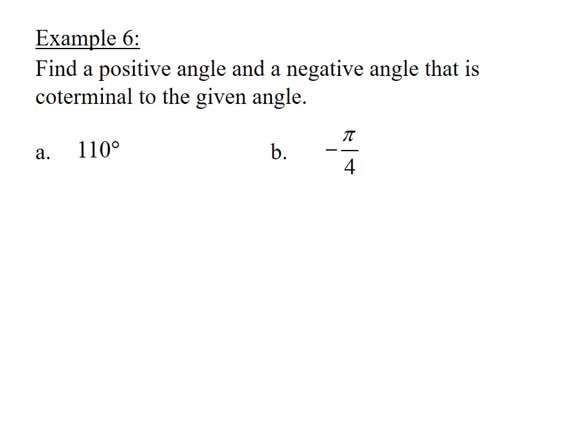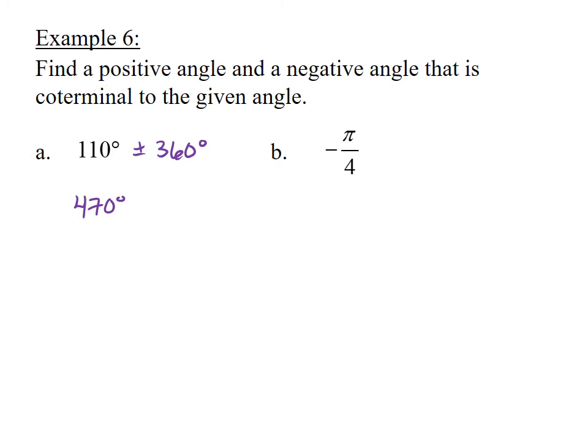Let's take a look. In this example, it says find a positive angle and a negative angle that is coterminal to this. So for the degrees, I'm either going to add 360 degrees or subtract. If I take 110 degrees and I add 360 to it, I will get 470 degrees.